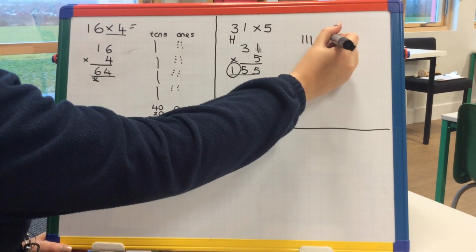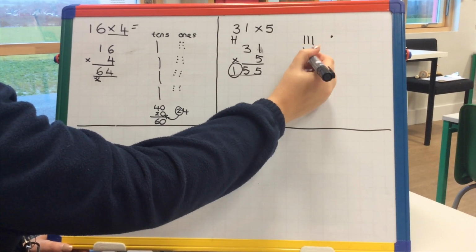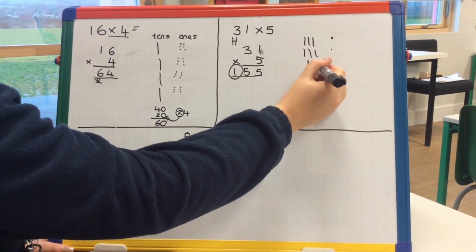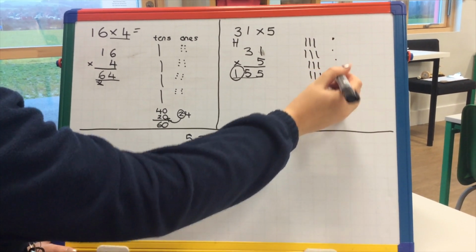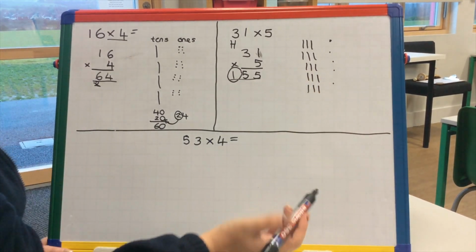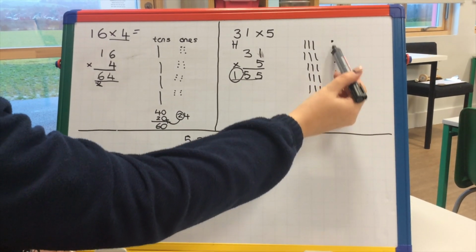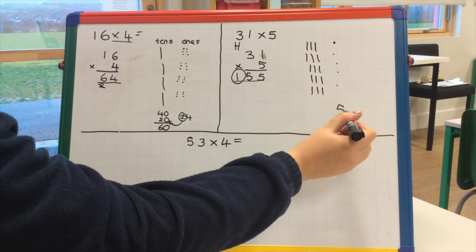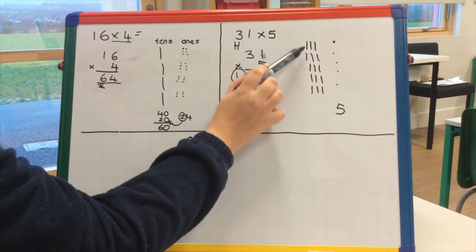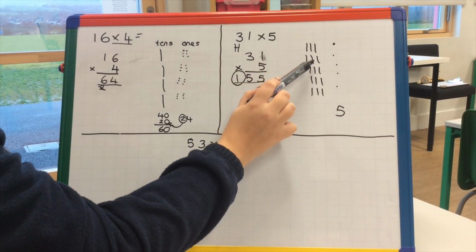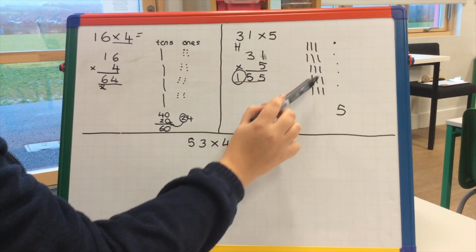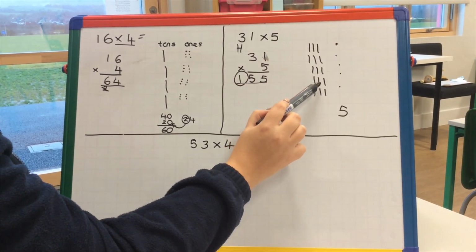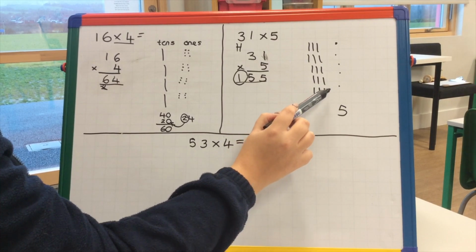10, 20, 31 made 5 times. There's 2, 3, 4, 5. Okay, start by adding up your ones. 1, 2, 3, 4, 5. And then how many 10s have we got? 10, 20, 30, 40, 50, 60, 70, 80, 90, 100, 110, 20, 30, 40, 50.